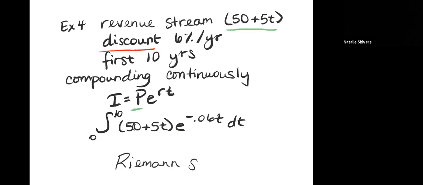We're going to do Riemann sums with 100 intervals. So we're going to switch to Excel and remind ourselves how to do that. Here it is. Switch to Excel.